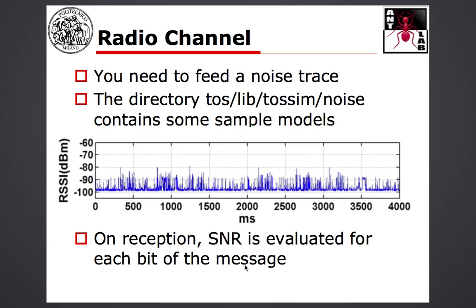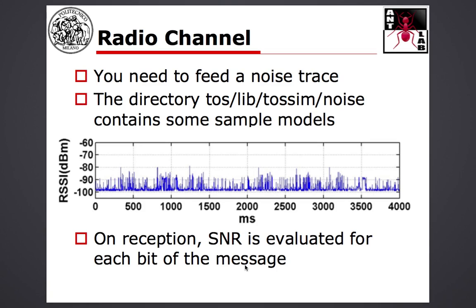Okay? You can either introduce no noise, meaning that all links will have the gains that you have specified in the topology, or you can decide to introduce some noise in the simulation so that your simulation will have at runtime a different behavior depending on the, let's say, time at which you are in the simulation.